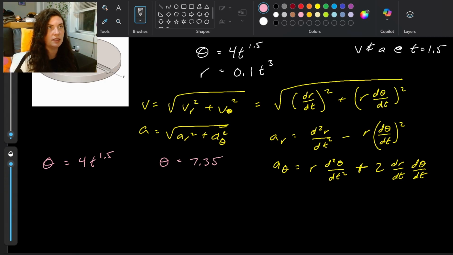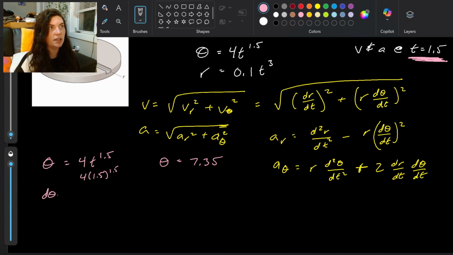Just plugging that into the calculator, 4 times 1.5 to the 1.5. That's all that is. I want those actual values, because I'm finding these velocities and accelerations at t equals 1.5, so I might as well go ahead and plug them in.